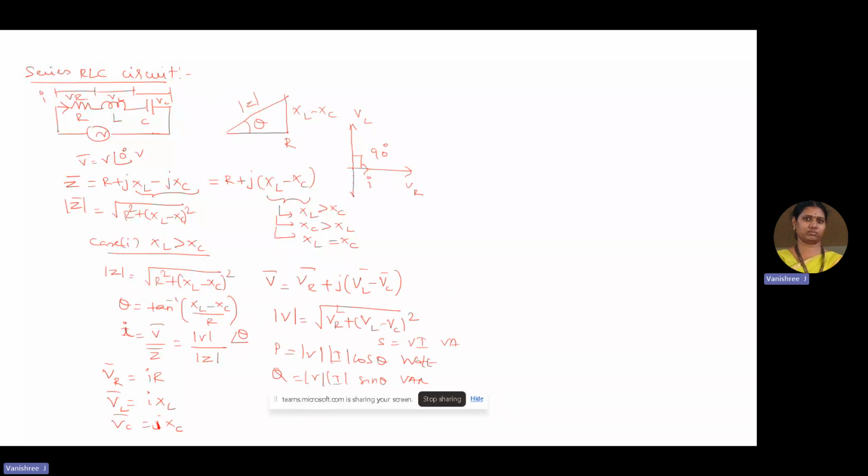Then VC is drawn at an angle of minus 90 degree with respect to VR. And we need to take the resultant VL minus VC, and the supply voltage is drawn as a resultant of VL minus VC and VR. So the angle between the supply voltage and current is theta. So this is case 1. Now coming to case 2.